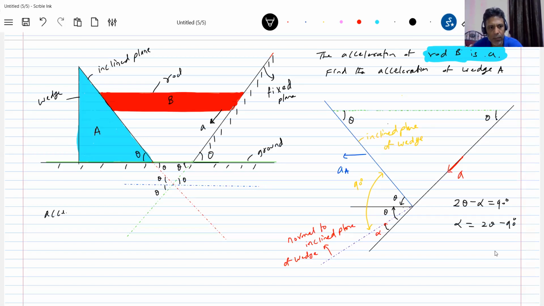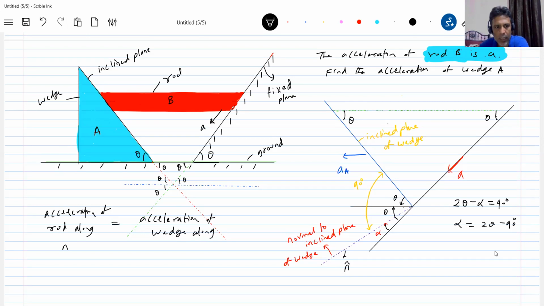Acceleration of rod must be equal to acceleration of wedge along, so I'll call this is n cap, some unit vector. Acceleration of rod along n cap must be equal to acceleration of wedge along n cap.